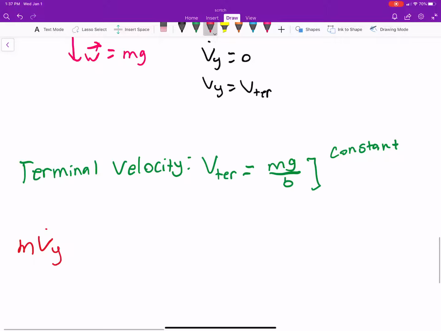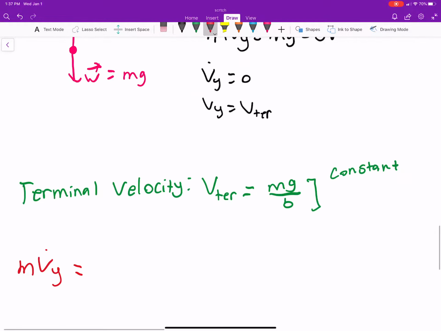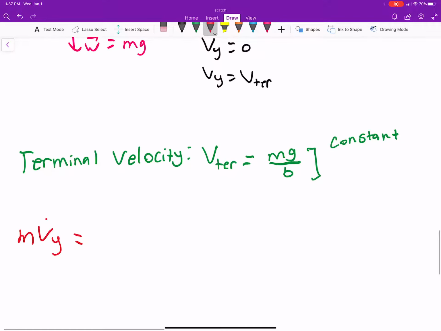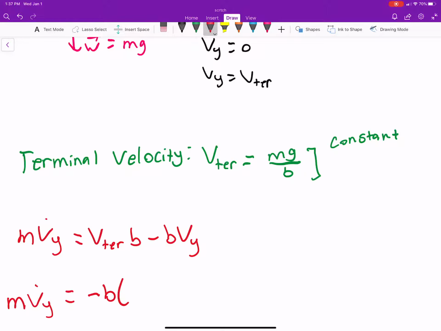Okay, so m v dot y is equal to, I'm going to write this maybe a little funny, but I think it'll make sense after I explain it. v terminal times b minus b velocity in the y direction, or another way of seeing this is m v y dot is equal to minus b times vy minus v terminal.